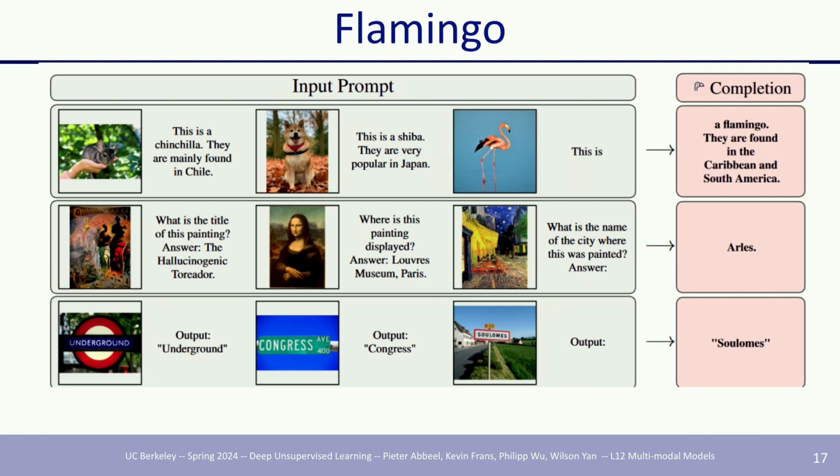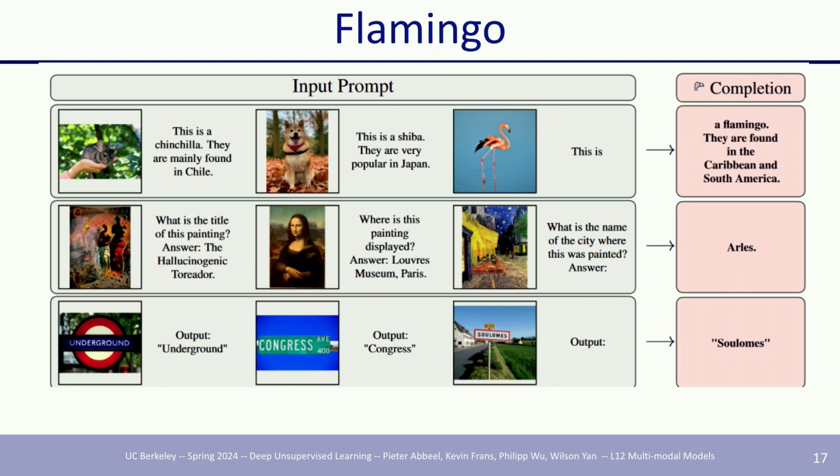And this is an example of some of the capabilities they showed for Flamingo. This is something like in-context learning or task specification. It's an image: this is a chinchilla, this is a Shiba. It provides the first two examples as an example of what the task is, and then asks you to solve the new task for the novel image.